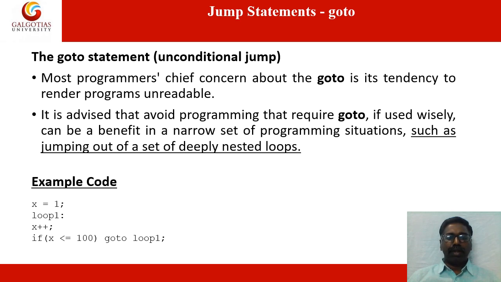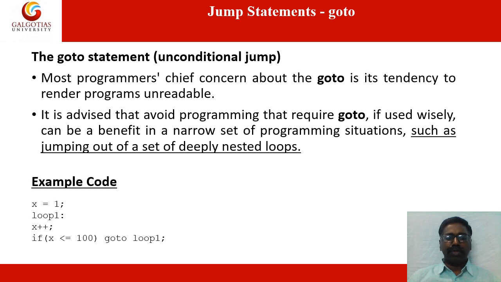It is advised to avoid programming that requires goto. But if we purposely need to use the goto statement, it is wisely used for a condition like jumping out of a set of deeply nested loops, where we don't know how to execute the several if statements, so we can use a goto statement to jump out of the deeply nested loop.